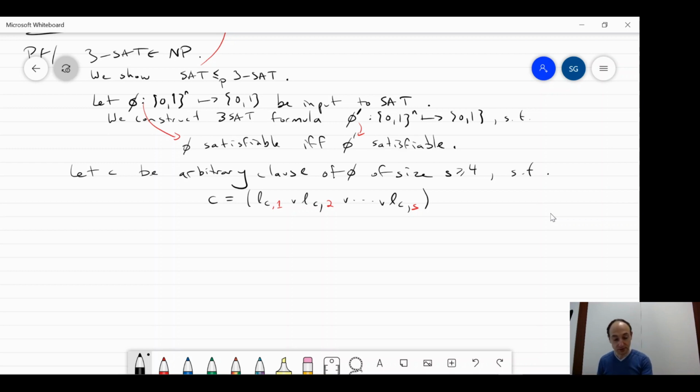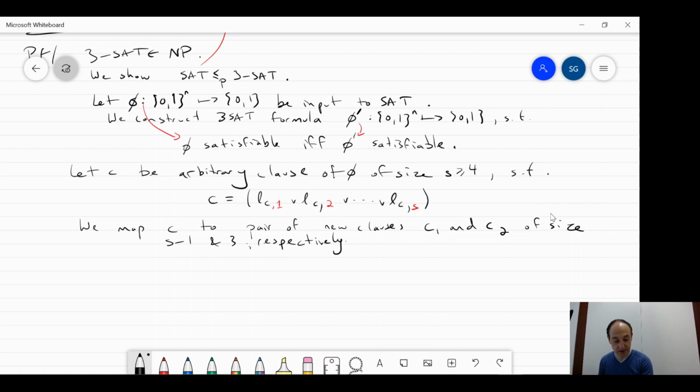So we map C to a pair of new clauses. What does that mean? That means that I'm going to remove C from my instance, and I'm going to put in 2 new clauses which capture C, basically. I'm going to call them C1 and C2 of size s minus 1 and 3, respectively.